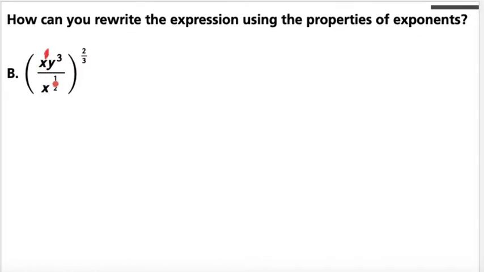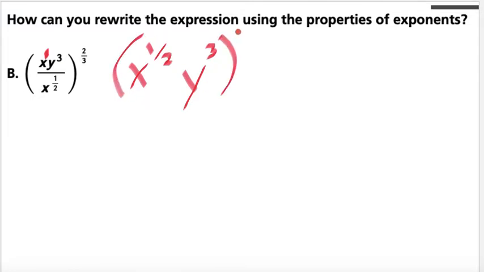So 1 minus a half is a half. So I'm going to rewrite what's in the parentheses as x to the half times y to the third. And that's my first step. My first step is I simplified what was inside the parentheses.